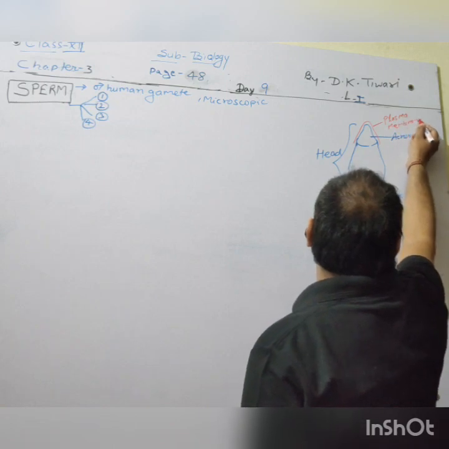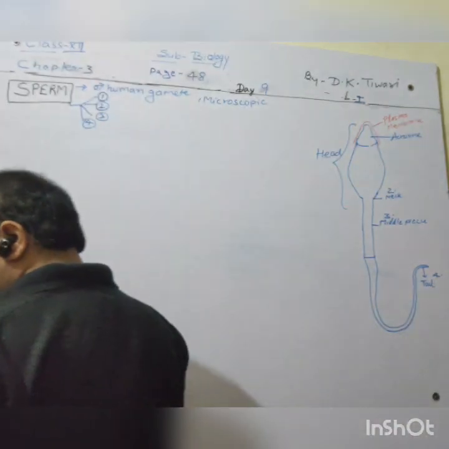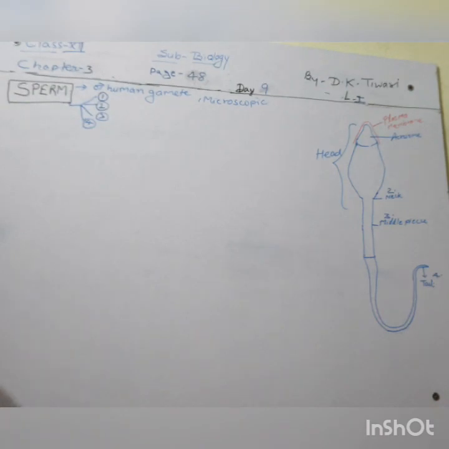This is the essential structure that covers or protects. As in all cells there is a plasma membrane, so there is also a plasma membrane in the case of sperm. Now we will discuss the different parts.